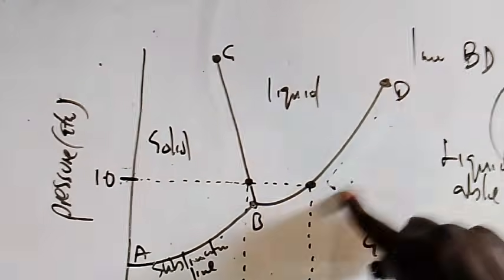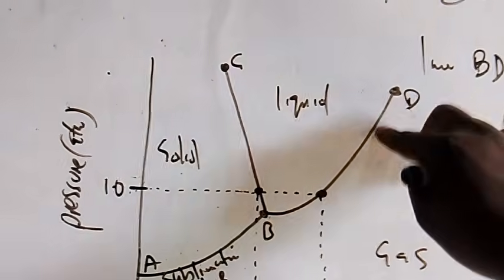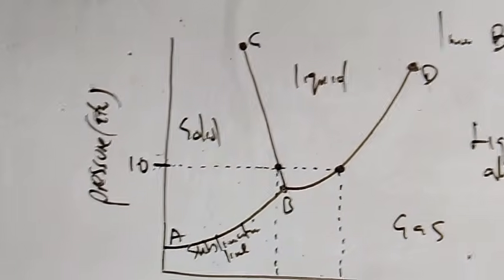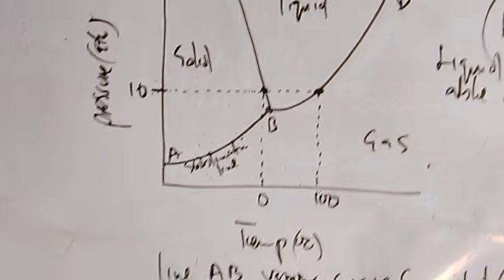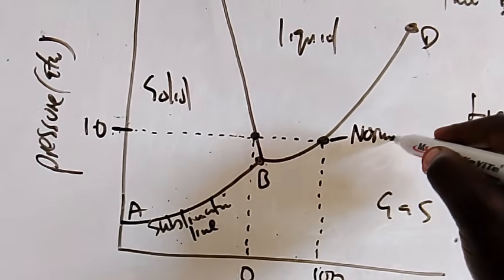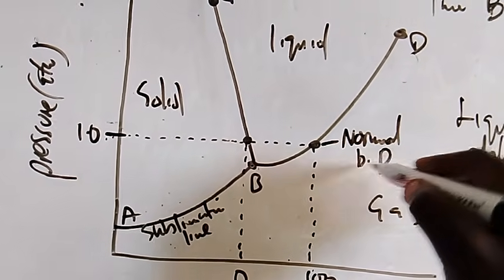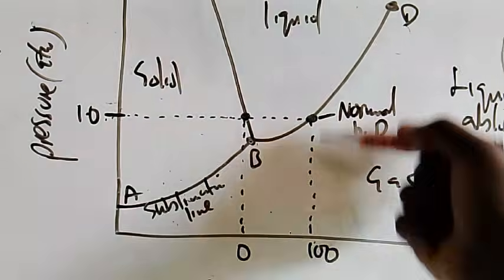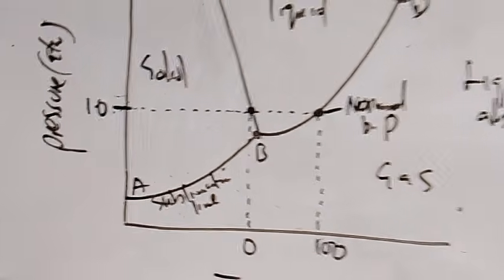Remember, we mentioned earlier that when the vapor pressure equals 1 atmosphere, that is the normal boiling point. So the normal boiling point occurs at 100 degrees for water.